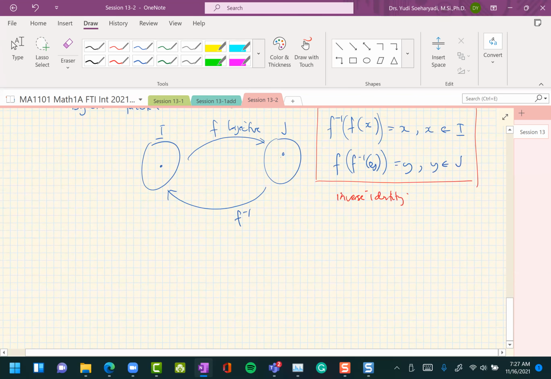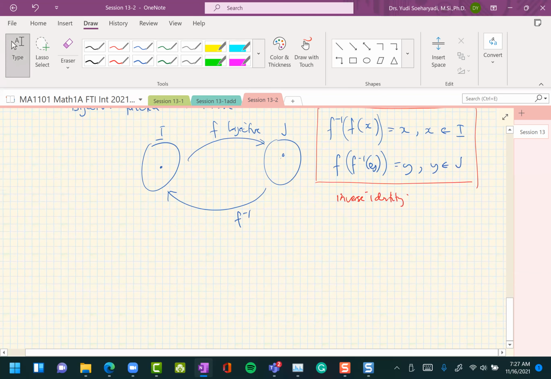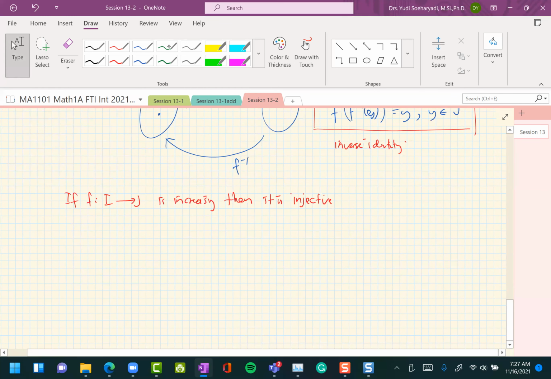So let's see an example. We know that if f from I to J is increasing, then it is injective. Why is it true?